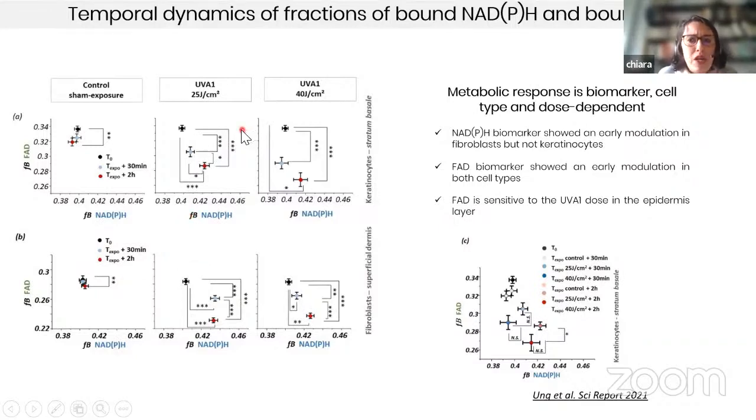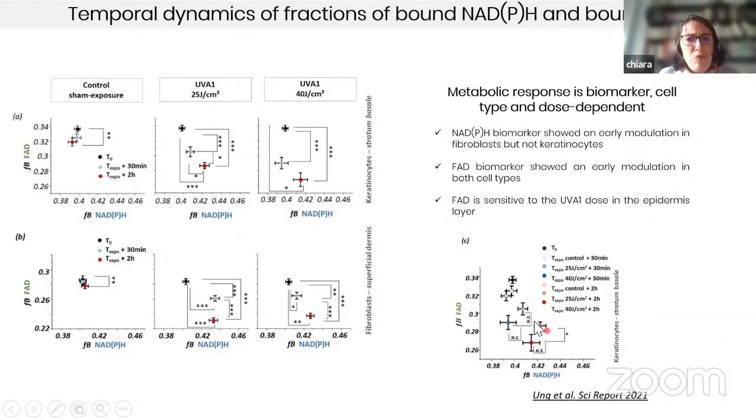FAD biomarkers showed an early modulation in both cell types. And FAD, very interestingly, is also sensitive to the UV dose in the epidermis layer. So this is probably due to the different antioxidant responses of different types of cells.